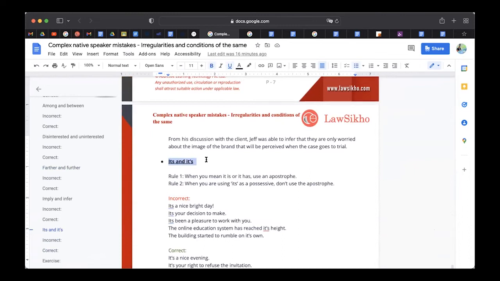The first one over here does not have an apostrophe. That is used to talk about a possession or a belonging. When you're trying to express that, do not use an apostrophe. Only when you want to denote an abbreviation of it is, that is when you use the apostrophe.